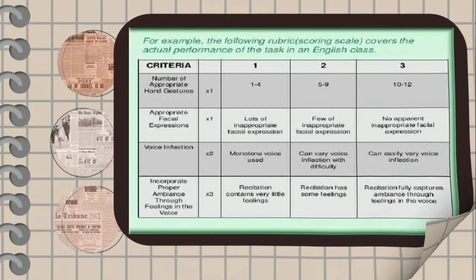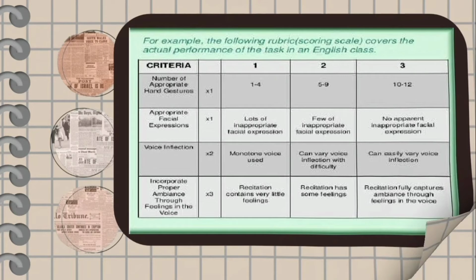The criteria will be leveled by 1, 2, and 3. So, sa kinunhan nga criteria which is the number of appropriate hand gestures, naa siya 1 point if 1 to 4 ang iyahang number of appropriate hand gestures. If 5 to 9, naa siya 2 points. If 10 to 12, naa siya 3 points.